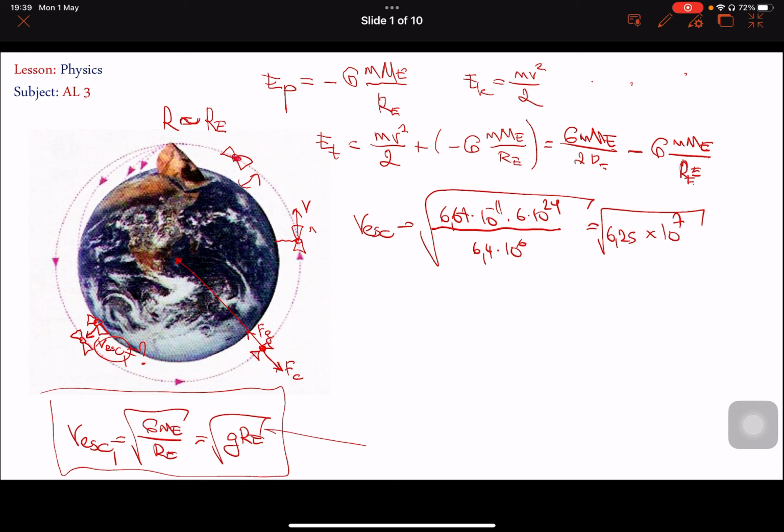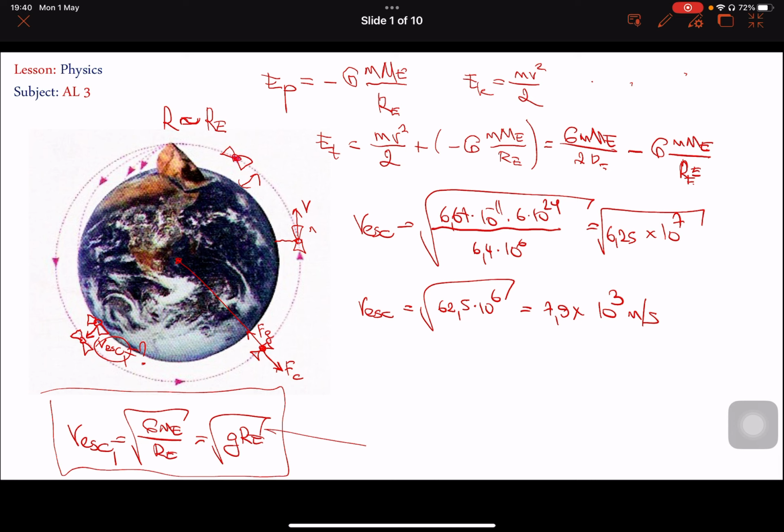It will be easier to convert it to the power of 6, so I can write it as 62.5 times 10 to the power of 6 in root, so that I'll have 10 to the power of 3 out of the root here, so 62.5 in root. I'll have the number that is close to 8, so that will be 7.9 times 10 to the power of 3 meters per second.